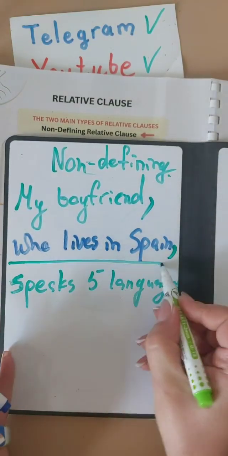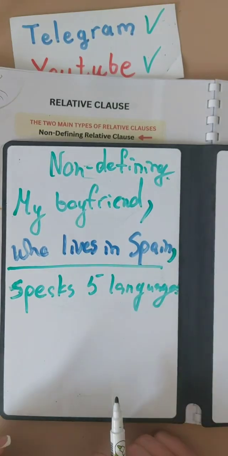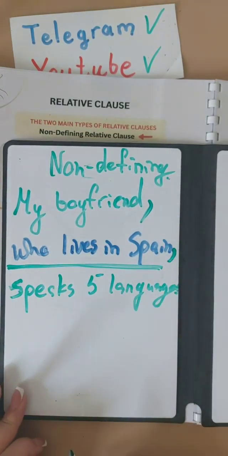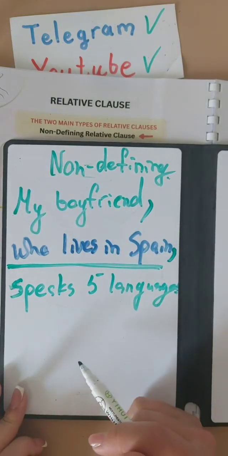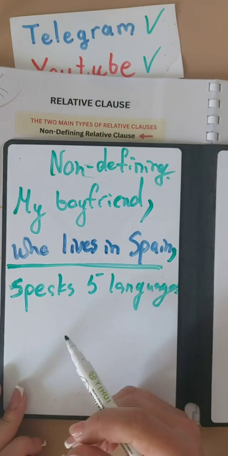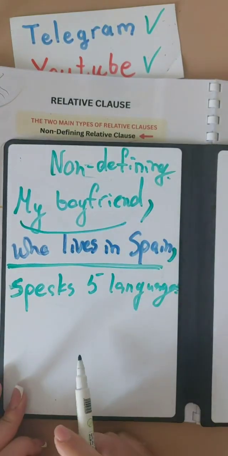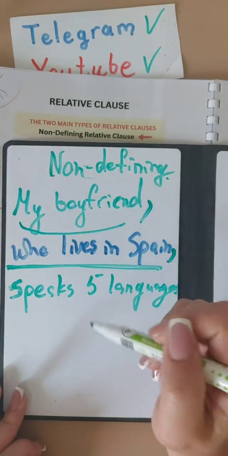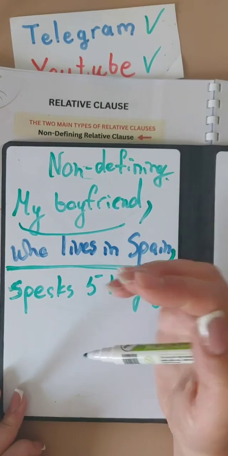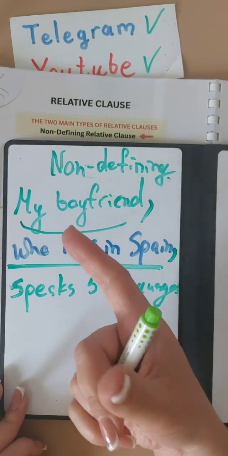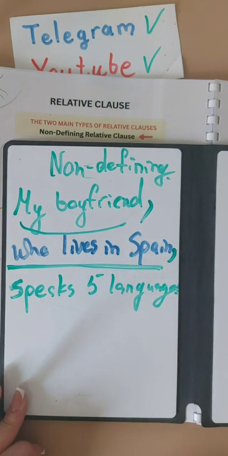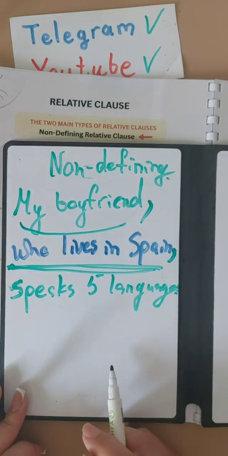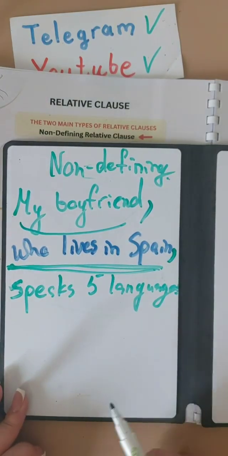Again, who lives in Spain is extra information. I added more details, okay? It's optional. If you have only 1 boyfriend, you don't need essential information to identify which one, okay? Since you have only 1 and the listener knows that you have only 1 boyfriend, you just add extra information that he speaks, okay?